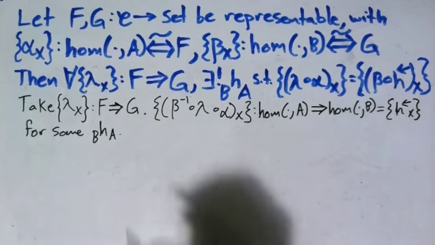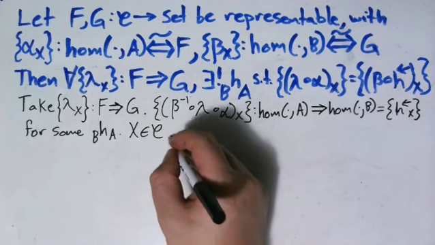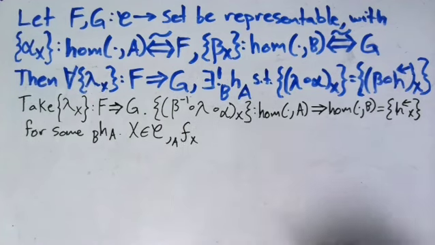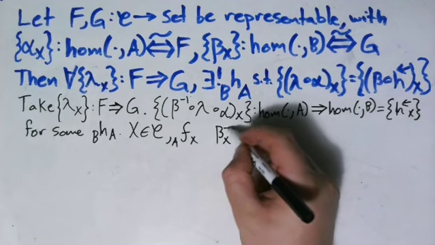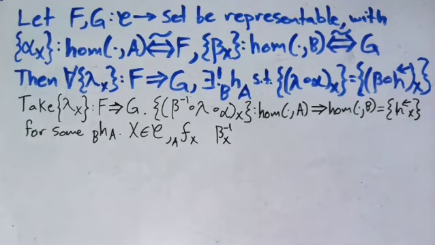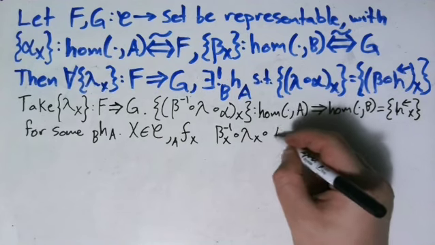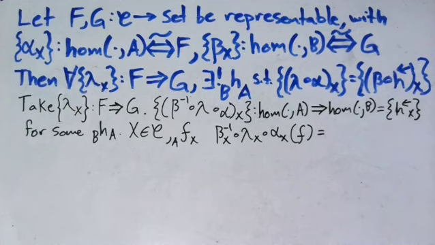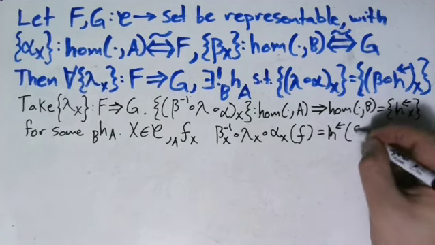So what we get is that if x is in C and f goes from x to A in C, then we have to have the inverse of beta x after lambda x after alpha x applied to f has to be equal to "followed by h" of f.